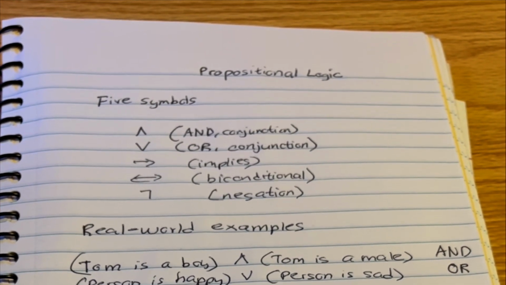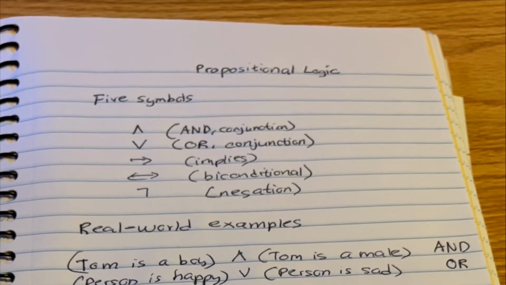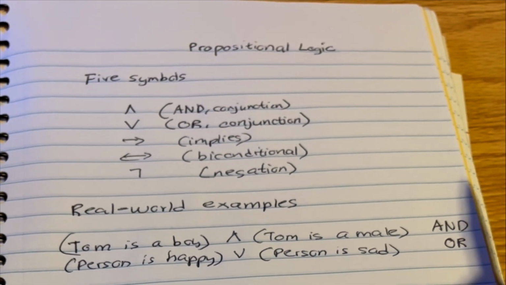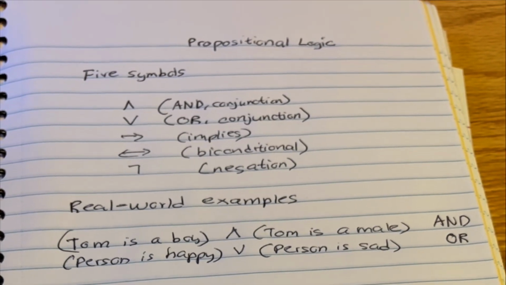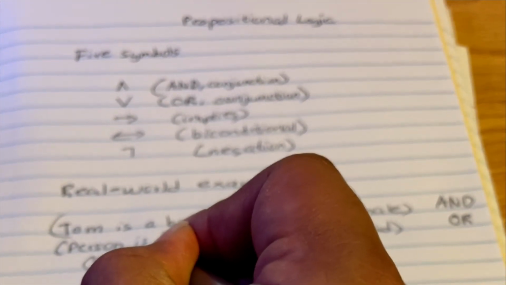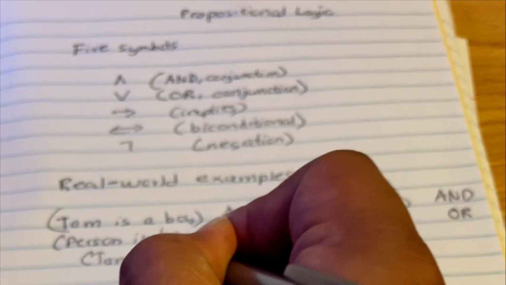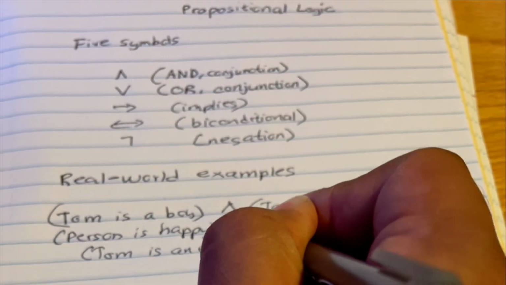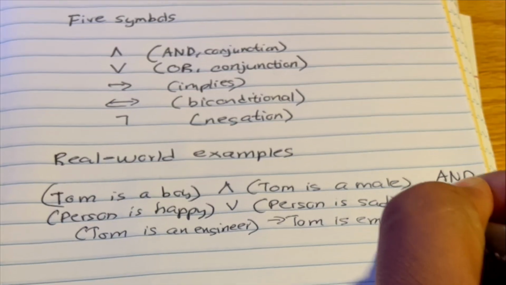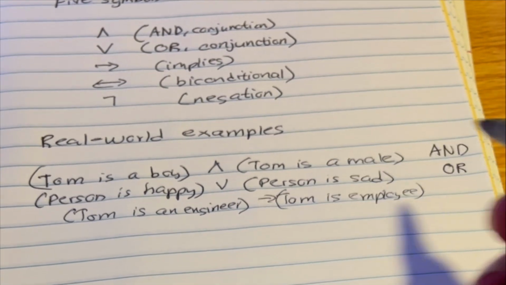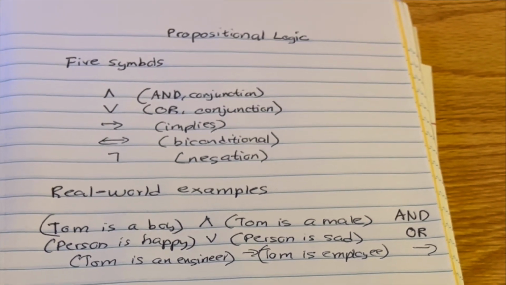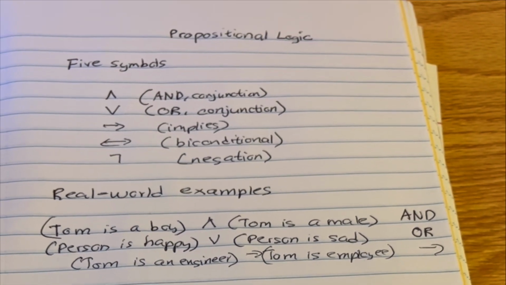So for the implies, an example is Tom is an engineer, then Tom is an employee. That's for the implies.